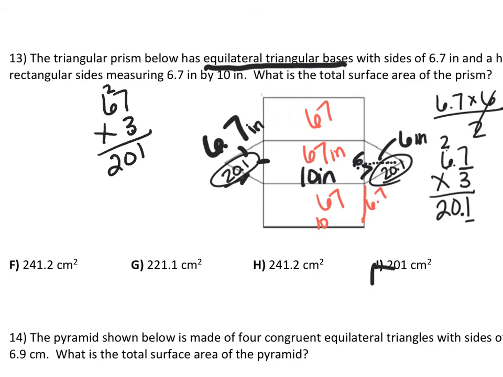And then 20.1, which is 40.2. Okay, so make sure I line up the decimal. That's a very important deal there. And I got 241.2, which is letter choice H.